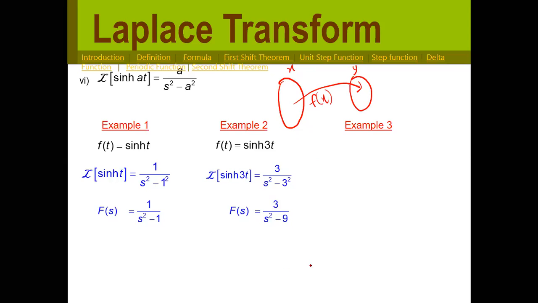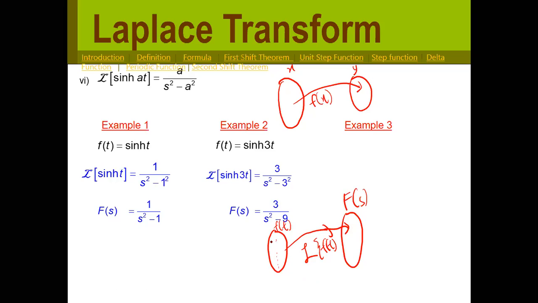It is the same with Laplace. Here t is the variable of F(t). We transform the F(t) and we get F(s).